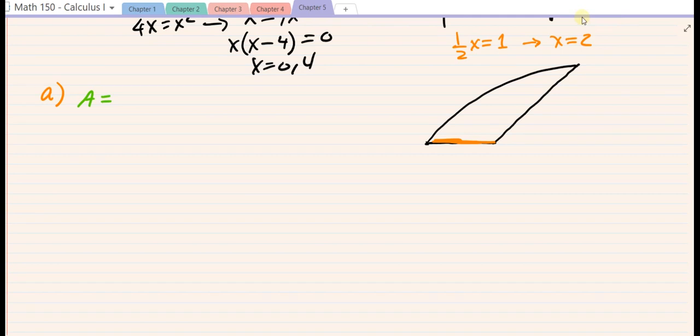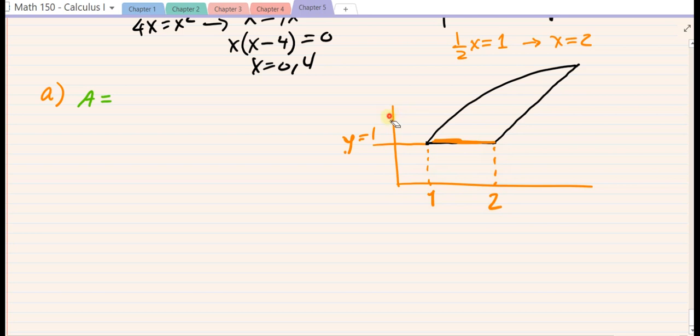And I can write the area now. Let me actually label these here. This is y equals 1, right? So the limits of integration go from 1 to 2 here, and that will pick up the first part of that area, this region.